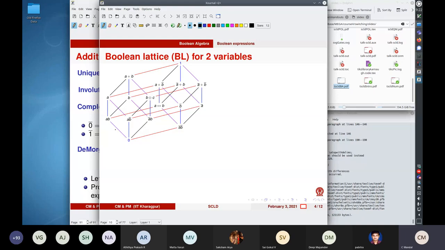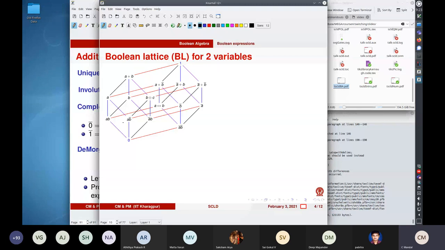So this is an atom which indicates that your element belongs to, let us say, set A and set B, or it has both properties A and B. It has property A but doesn't have property B; doesn't have property A but has property B. And here it says that you don't have either property A or property B. All right. So these are your atoms in your Boolean lattice.